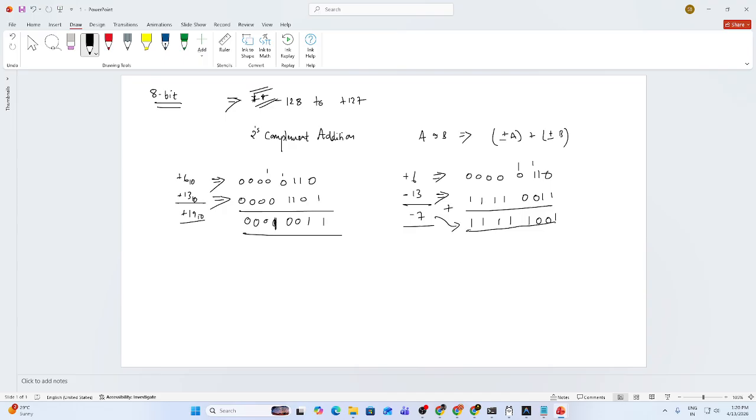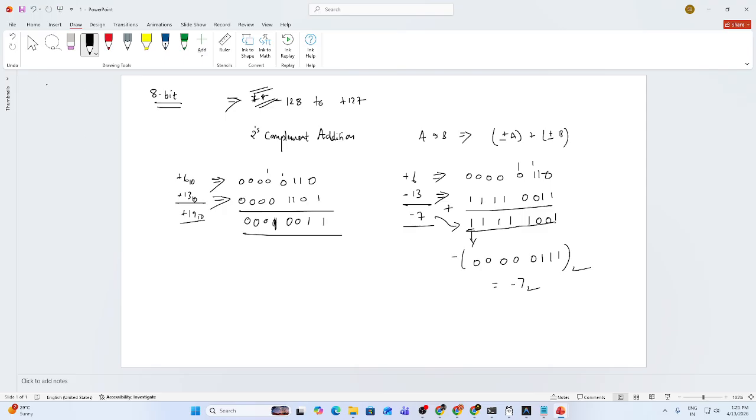Since it is a negative representation, you need to take the 2's complement of the result to interpret the magnitude. Write till the first non-zero digit, then take the complement, giving 0000 0111. This is equivalent to minus 7. So this is another case.